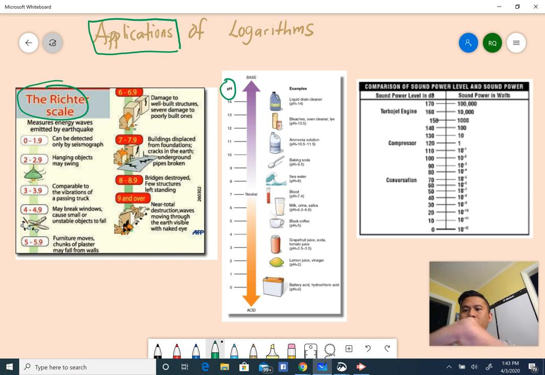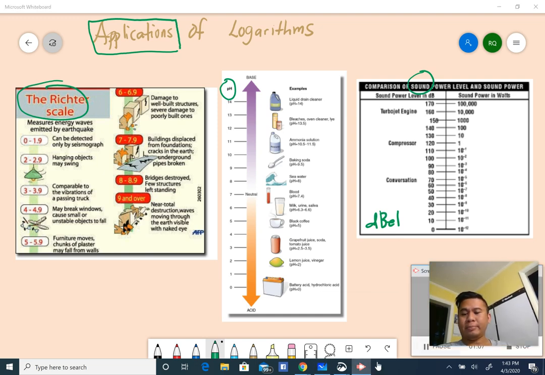Also, it talks about sound in terms of decibels. Sound intensity in terms of decibels is a logarithmic function as well.